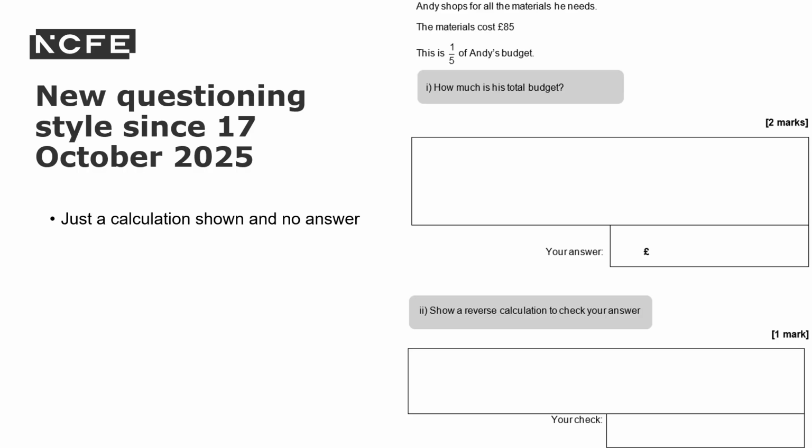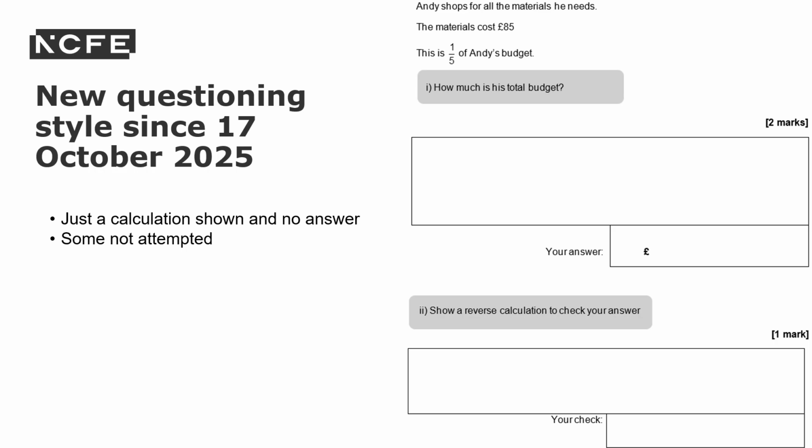in the first set of assessments sat, the Chief Examiner noticed a variety of responses to the checking tasks, including some with just a calculation shown and no answer, so they did not get the mark.